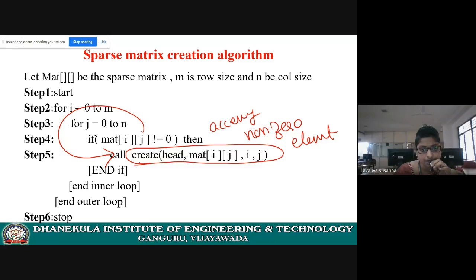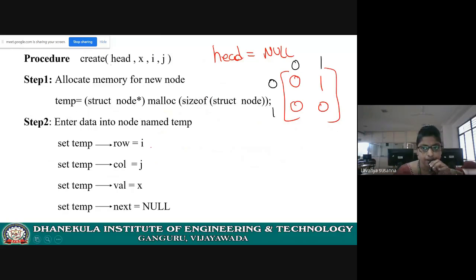What is that function call? Create. Now the create function will be called. Remember, it is called only when the condition not equal to 0 is true, that is, when you are accessing a non-zero element. For example, you are accessing 1. Now, what is the row index of 1? 0.